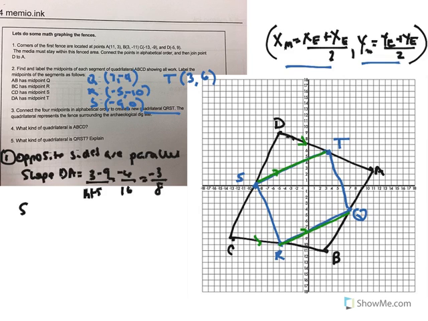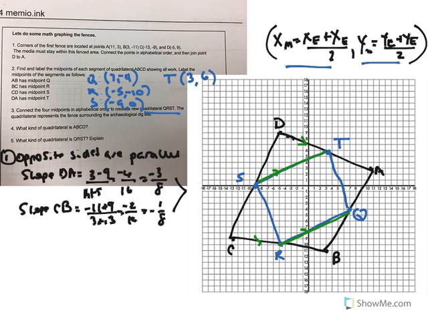Now the slope of CB, let's find the slope of CB. The slope of CB, I get negative 11 plus 9 over 3 plus 13. This gives me negative 2 over 16. I reduce, I get negative 1 over 8.